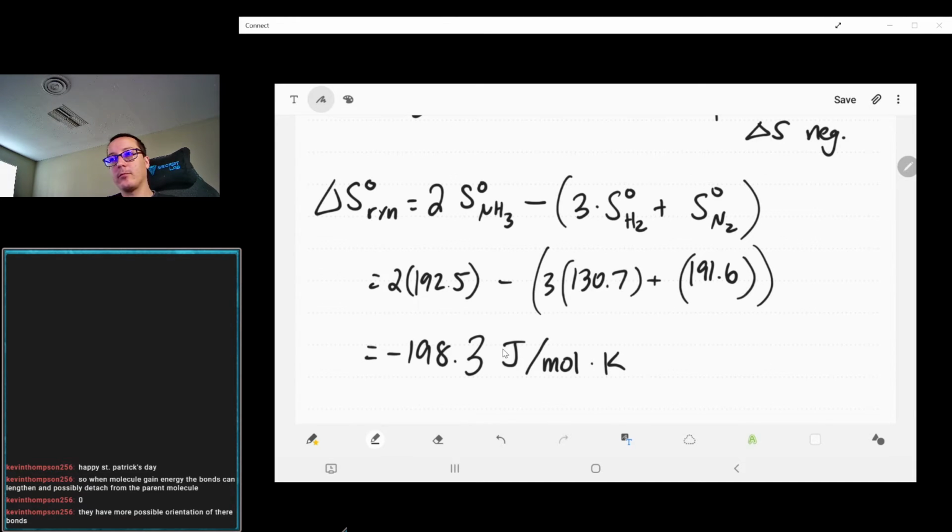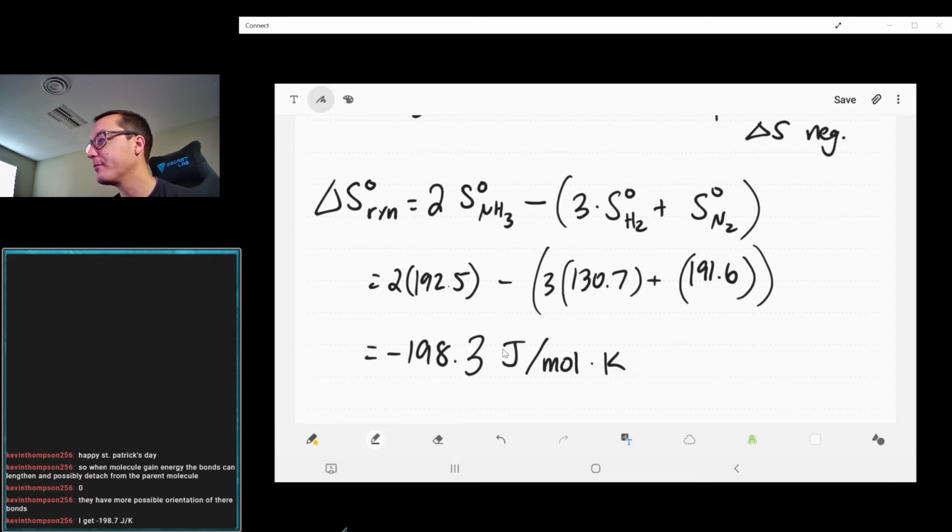And of course, we did expect this to be negative because we are making fewer molecules. And indeed, what we do calculate is that it is about negative 200. So indeed, we have an entropically unfavorable reaction. Close enough. There we have it.